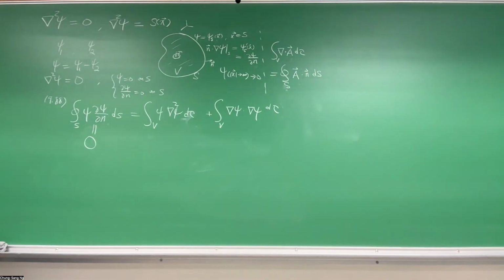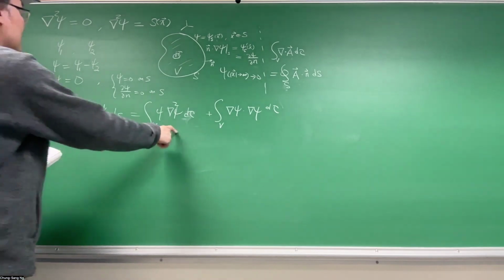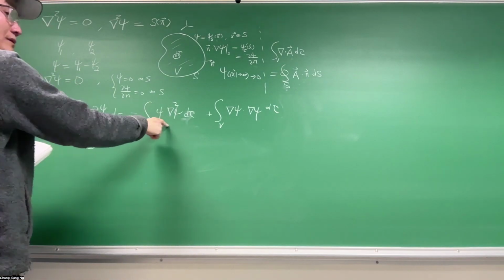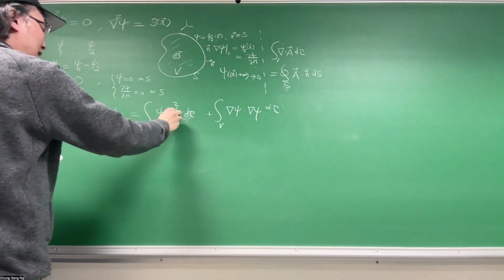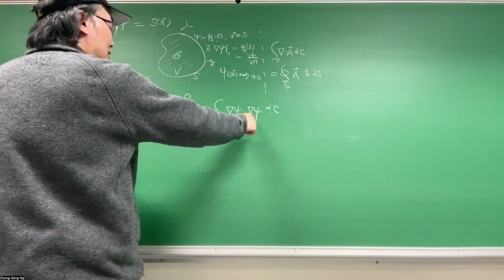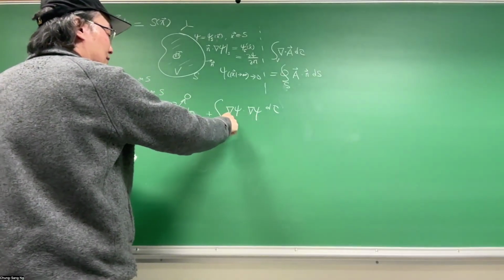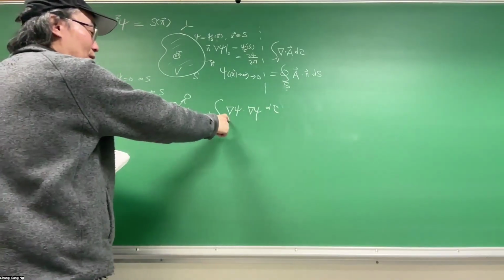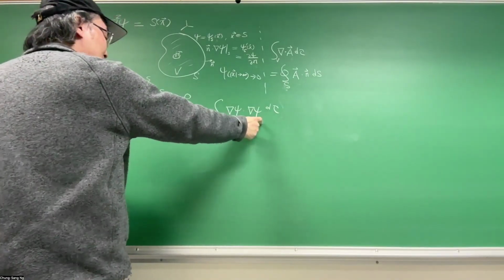And now for the first term, Laplacian psi is zero, so that term is zero. What ends up is grad psi dot grad psi, which is a square term, so it's positive or zero.